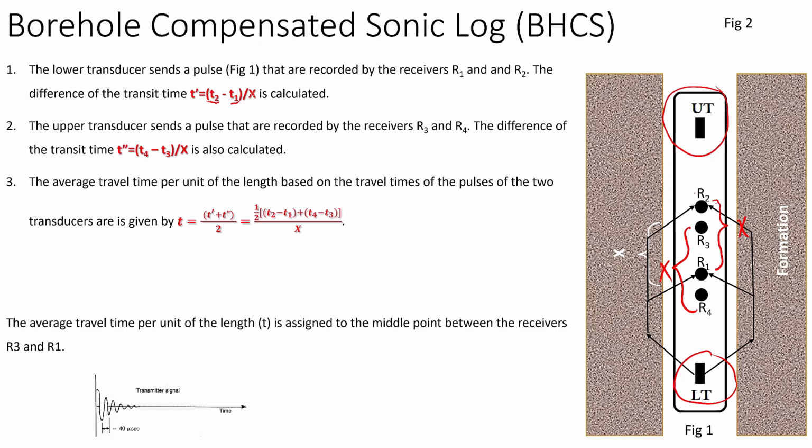So if we calculate the difference between T2 and T1 and divide it by X, the distance between R1 and R2, then we are able to obtain the travel time per unit of length. I indicated this here by T prime.